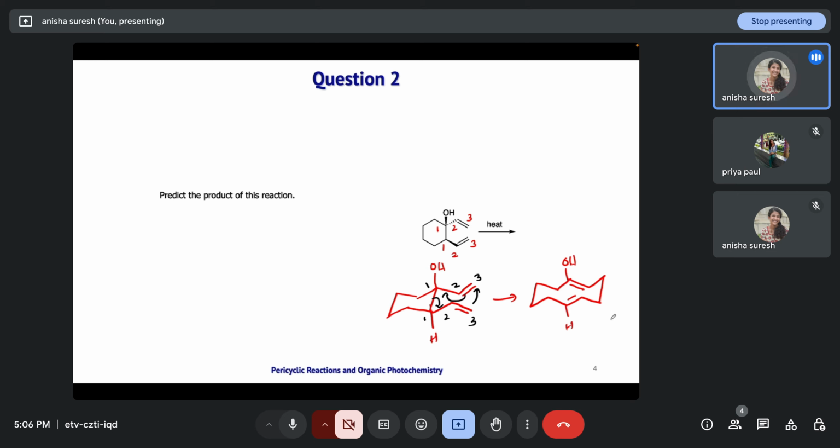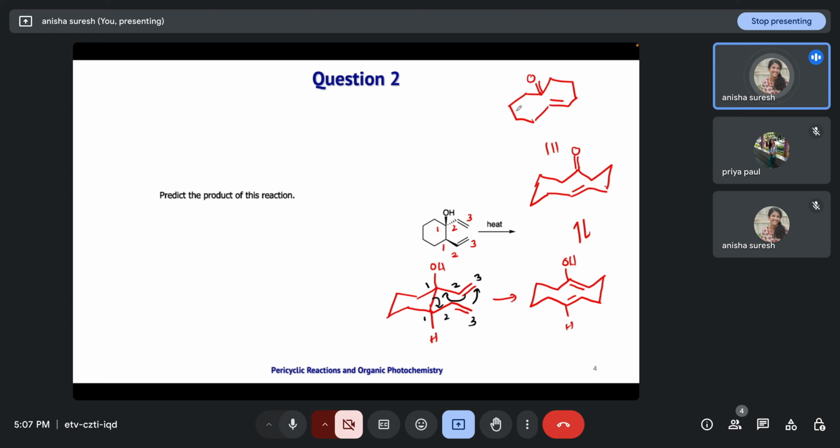This can undergo tautomerization, resulting in a ketone here and a double bond here. So we can redraw this.